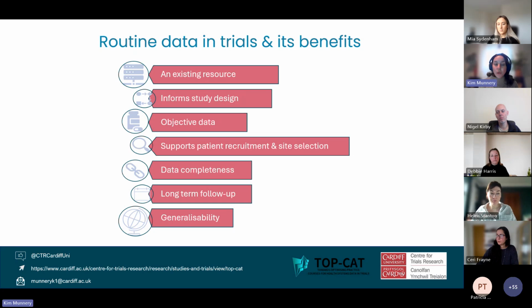And it can support patient or participant recruitment. And this is because using routine data can reduce the burden, as discussed in this presentation, for general trial staff and participants, just to reduce that contact time and the amount of data that's being collected within the trial.